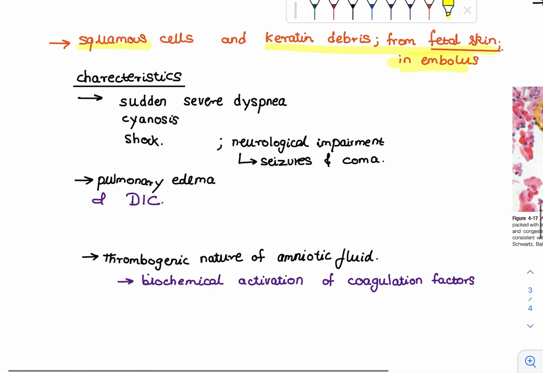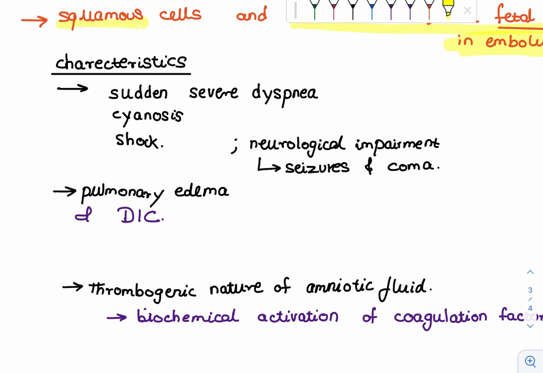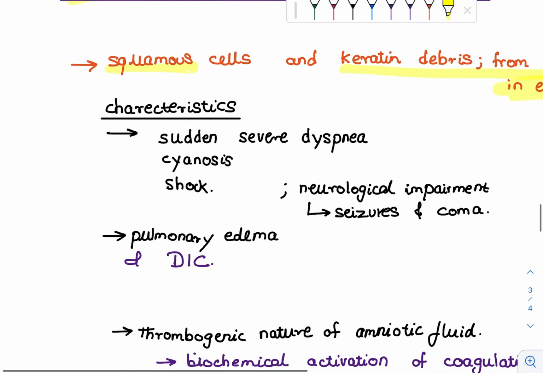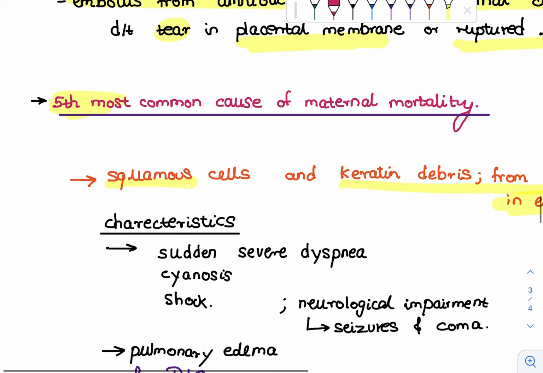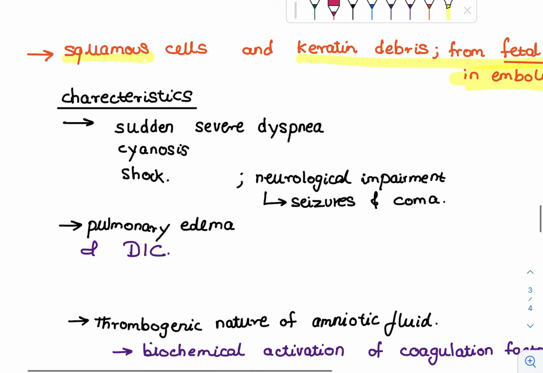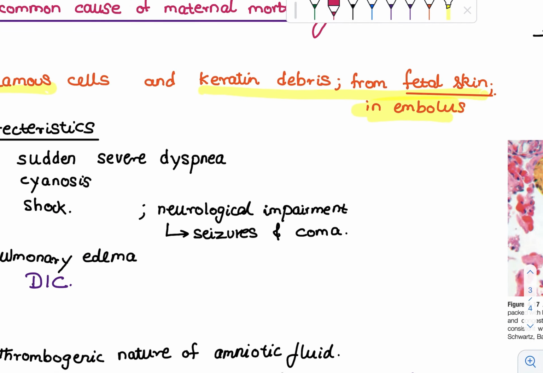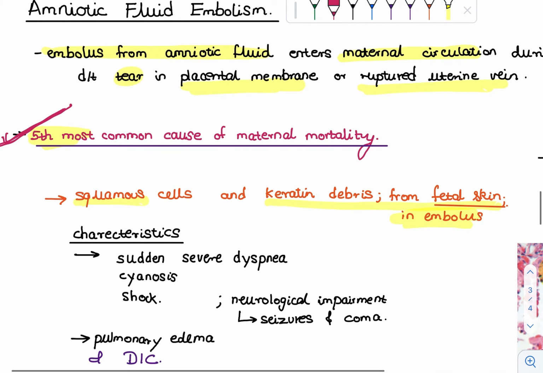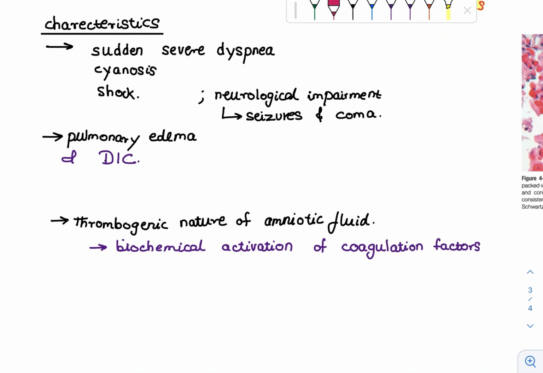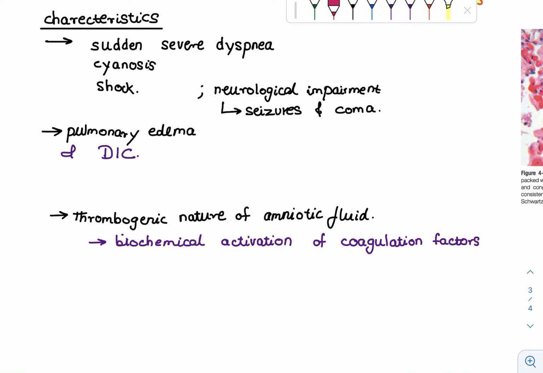Now coming to what is seen in case of amniotic fluid embolism, we have seen that it is the fifth most common cause of maternal mortality, and squamous cells and keratin debris are found in the vasculature. The main reason for the symptoms is that this tissue from the amniotic fluid is thrombogenic in nature, and this thrombogenic nature leads to biochemical activation of coagulation factors, which leads to DIC and its symptoms.